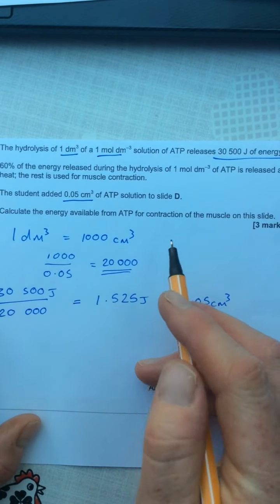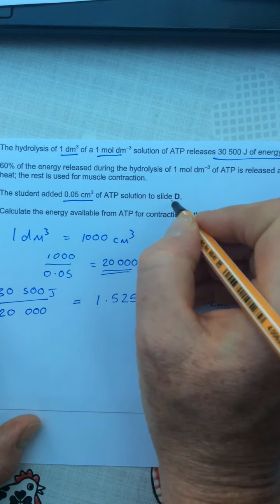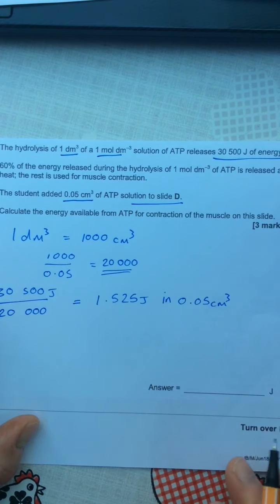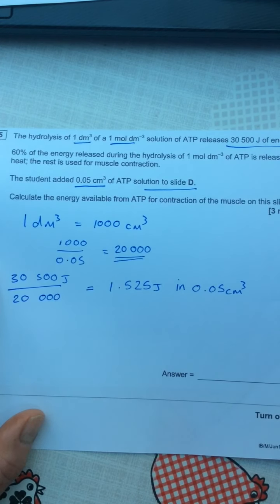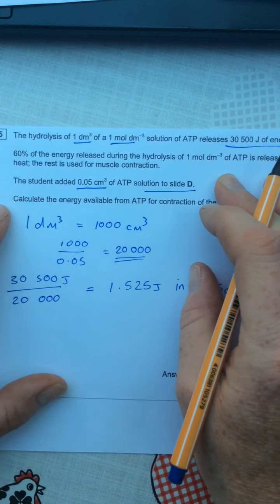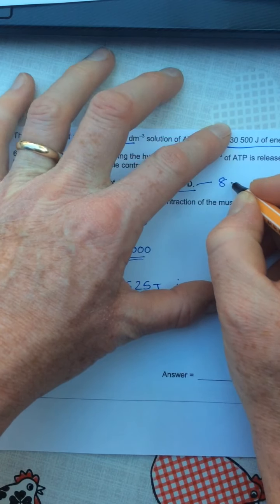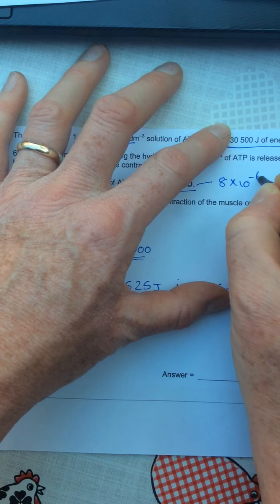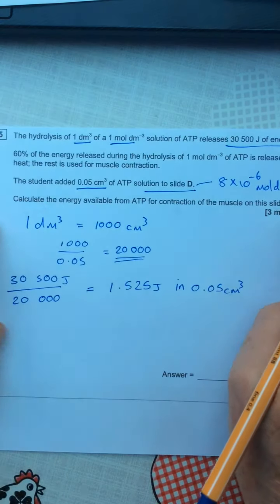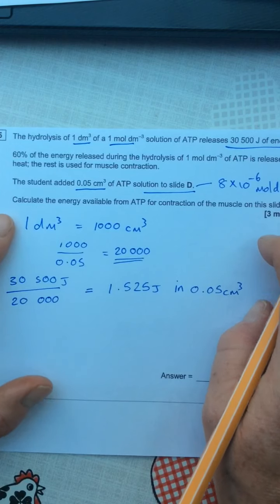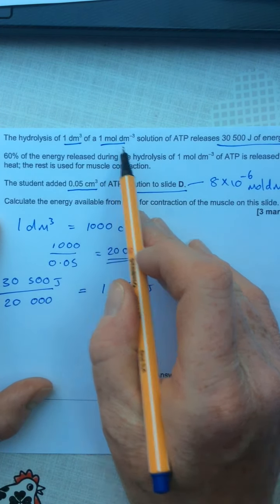The next thing was, what else can we pick out from here? They added this volume, which we've just dealt with, but they said it was the solution on slide D. That's where you need to refer further back in the question. I looked it up, and slide D has a concentration of 8 times 10 to the minus 6 moles per cubic decimeter. Here, it's talking about 1 mole per cubic decimeter, so this is a lot less.